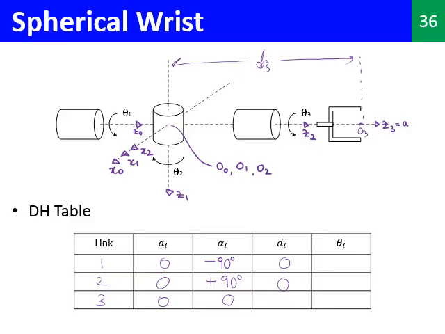Okay, so the distance between O2 and the intersection point of X3 and Z2 is O3, therefore this distance would be D3, and that is a constant as well. Finally, the theta column, so all these are 3 revolute joints, so that would give us theta 1 star, theta 2 star and theta 3 star.